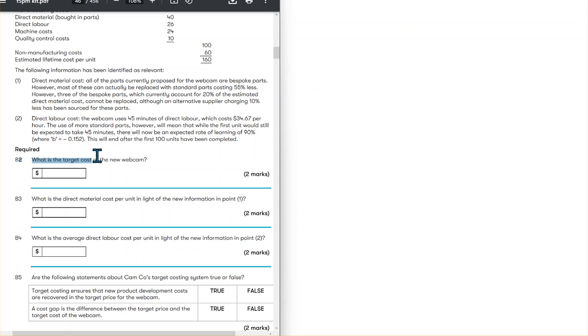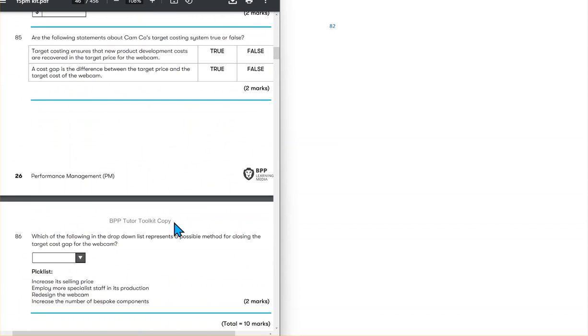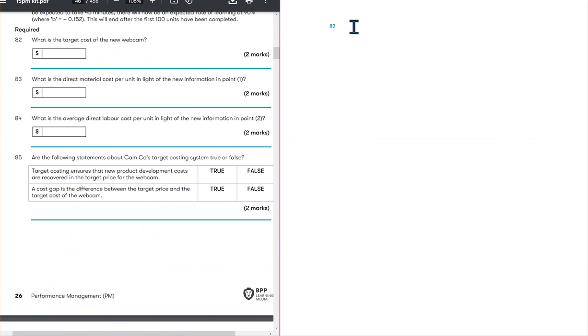Okay, so first question, what is the target cost of the new webcam? This relates to 82 all the way to 86.